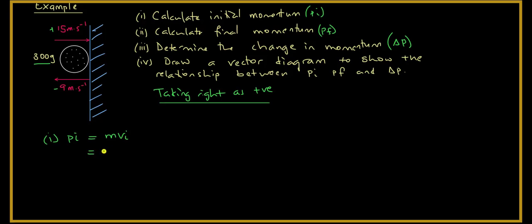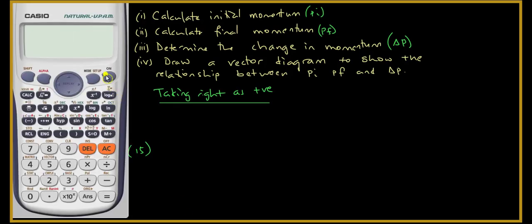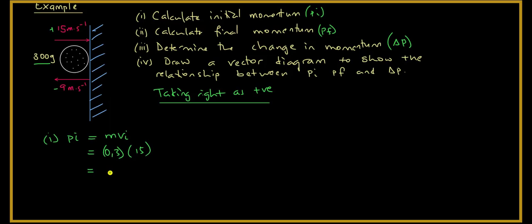So the mass is 0.3 multiplied by 15. So 0.3 times 15 gives me 4.5. So I have 4.5 kgs meters per second, and this is to the right because I've chosen right as positive, and my answer is also positive.